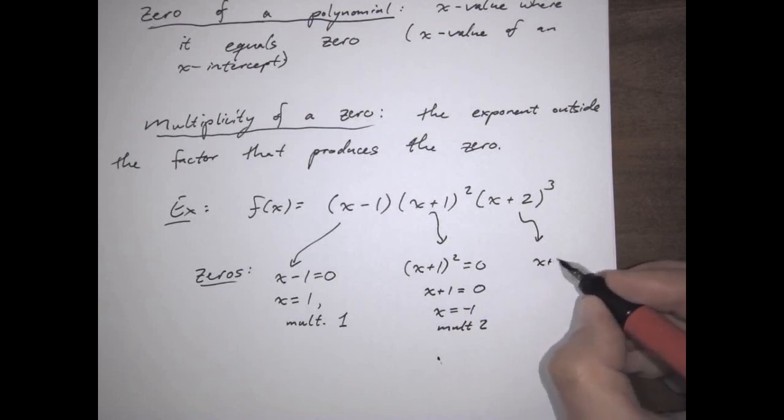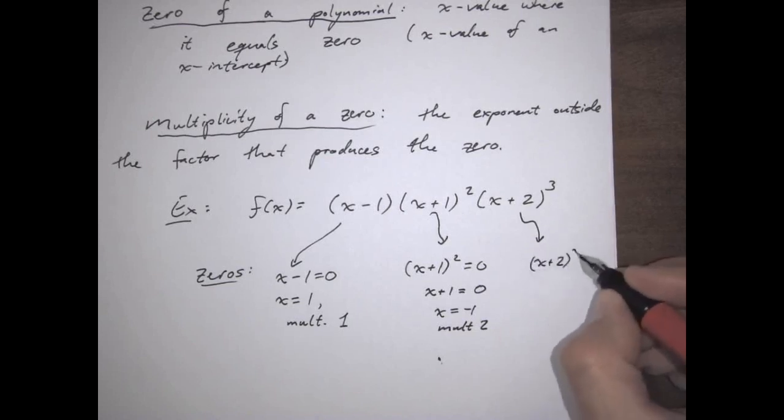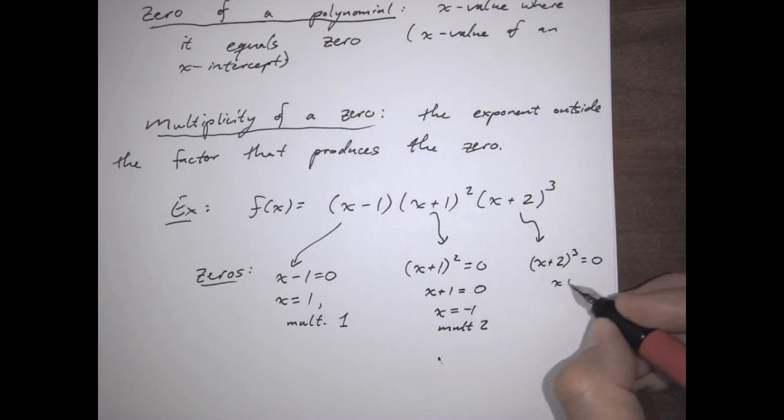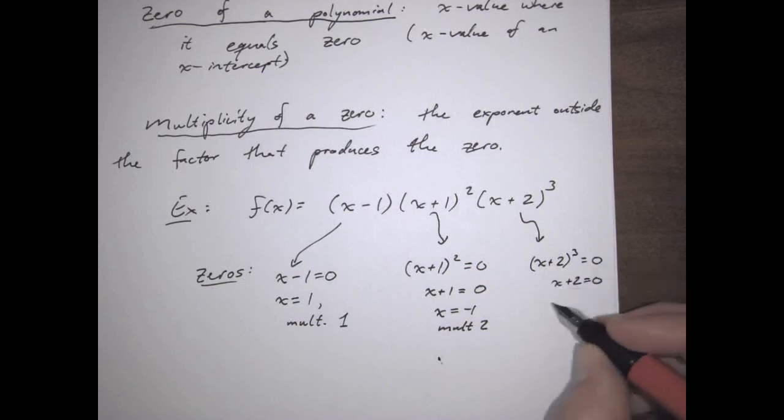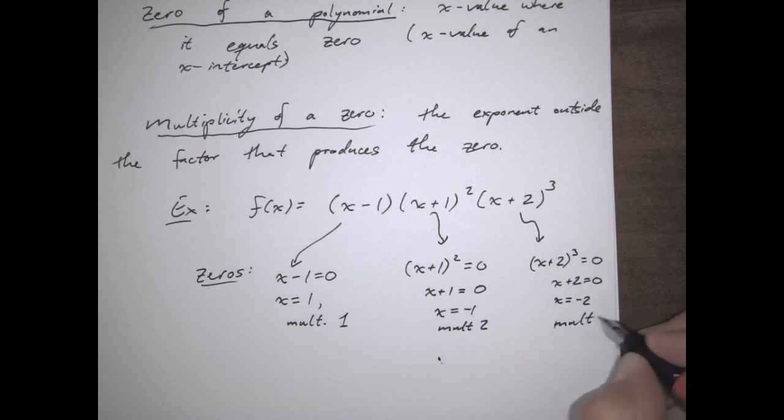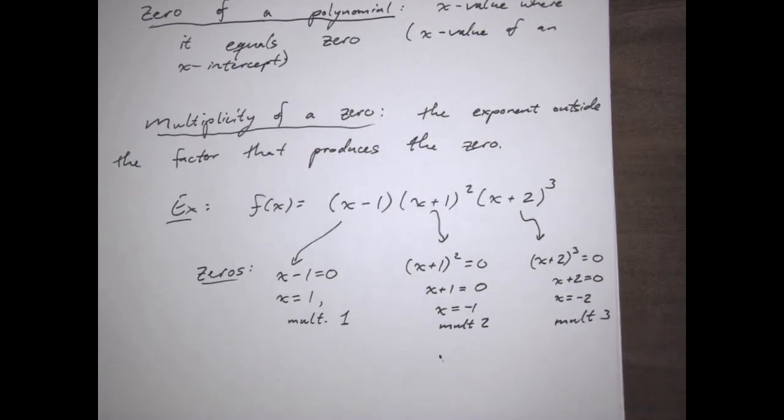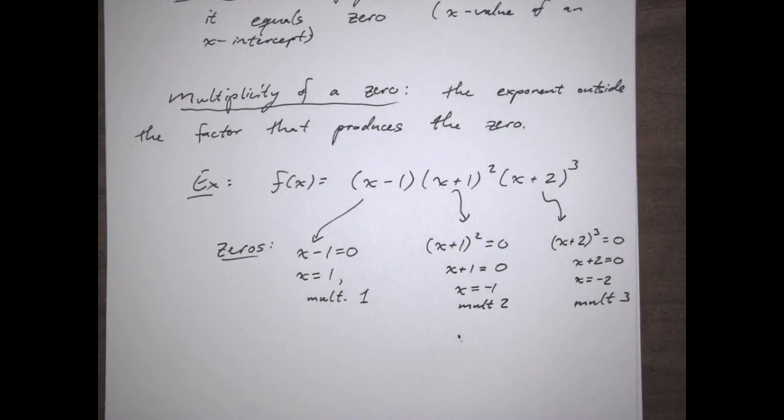Here we'll have x plus 2 cubed equals 0, which means x plus 2 has to equal 0, so x equals negative 2, but here the multiplicity will be 3, and the reason is because it was cubed.